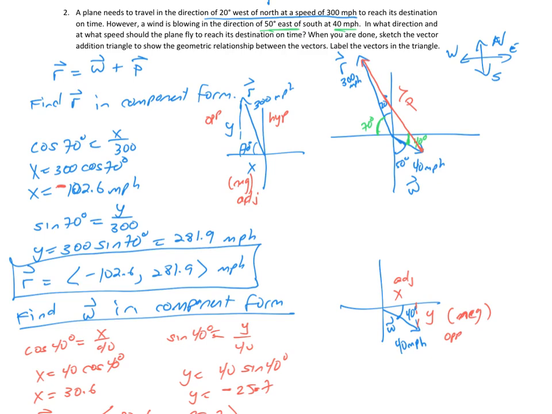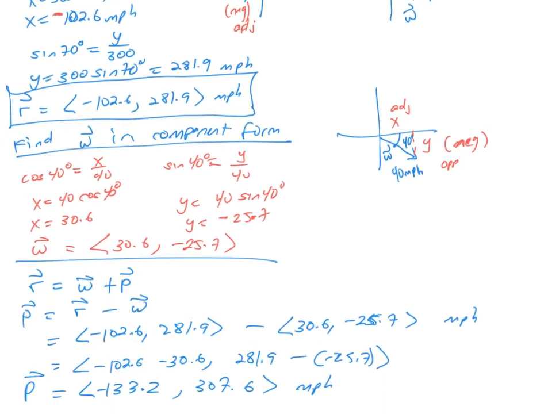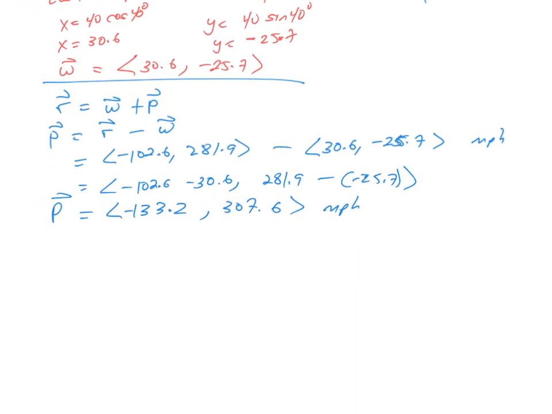And now the last thing we need to do is convert this to polar form. So I'll just draw the plane vector in standard position. So I'm going to draw it here. And we know that the horizontal component is negative 133.2. The vertical component is positive 307.6. This is the plane vector.